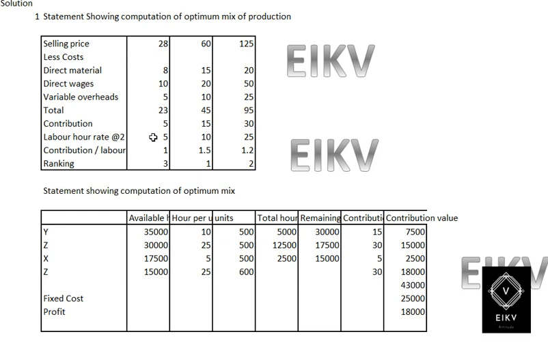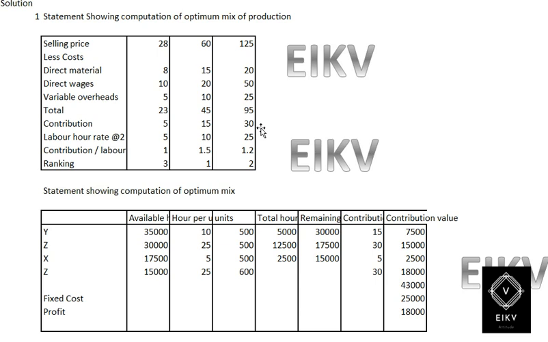Labor hour is 2.2 per hour, therefore we can compute the labor hours per unit by dividing the wages. So 10 divided by 2 gives you 5 hours, and 20 divided by 2 is 10 hours per unit.